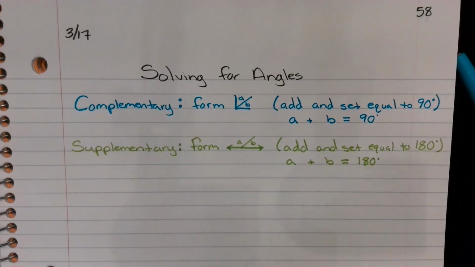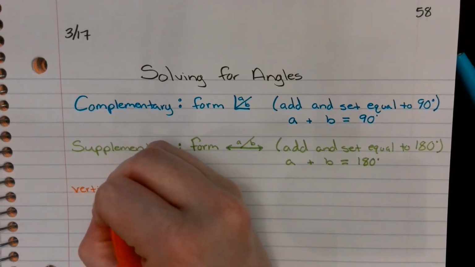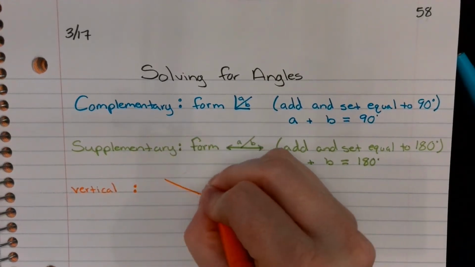Okay, then we have the third angle relationship that we talked about, which was vertical angles. For vertical angles, you're going to have intersecting lines.